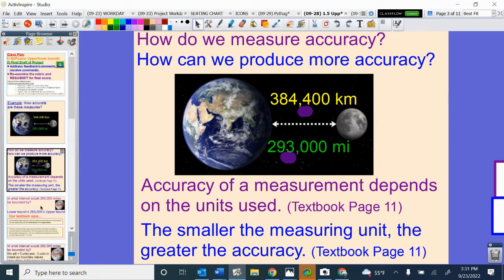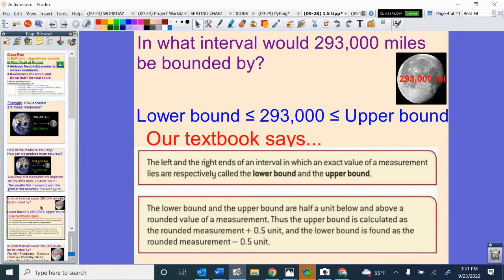But let's be specific about bounds. We have this idea of a lower bound and an upper bound to give us an interval of accuracy. The textbook says the lower bound is half a unit below the measure.